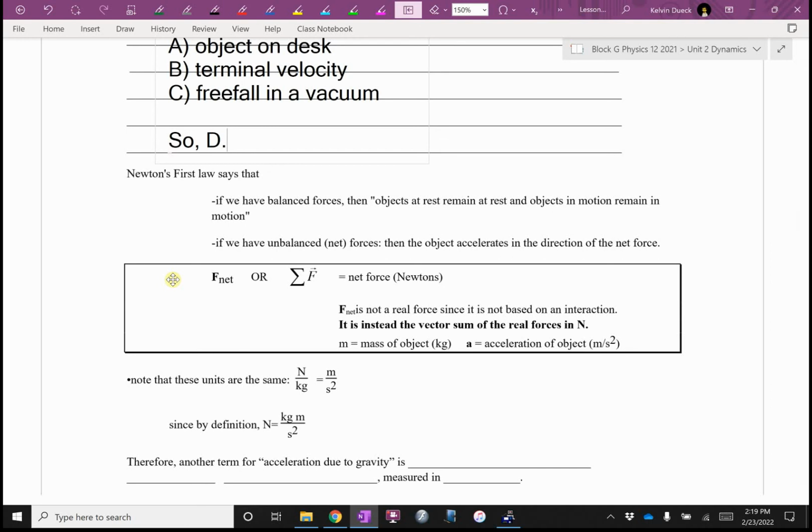If we have unbalanced forces, you must be accelerating. Oh, and spoiler alert, in the same direction as the unbalanced force. We write it like this. F net, or the sum of all the forces, equals the net force. And again, F net is not a force that's going to show up on my free body diagram. It's the vector sum of all the forces. So don't ever label F net on your free body diagram.